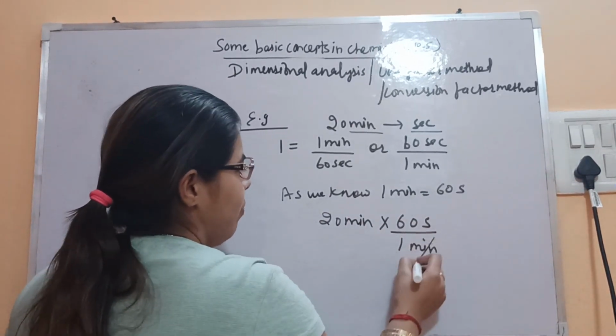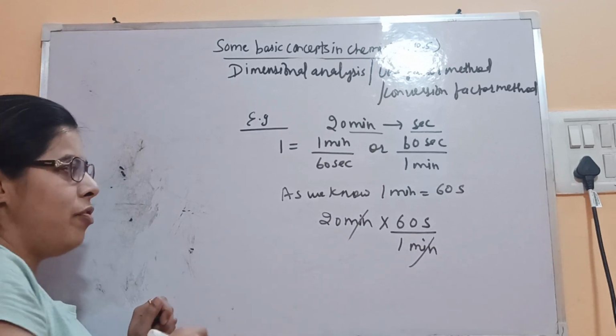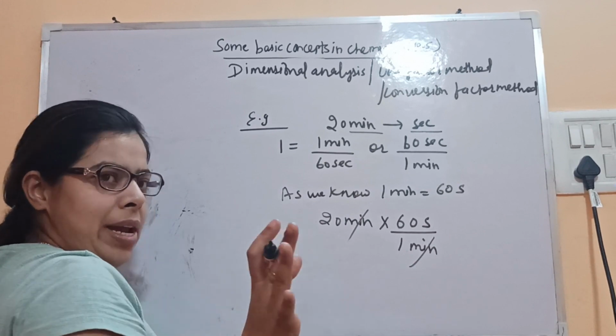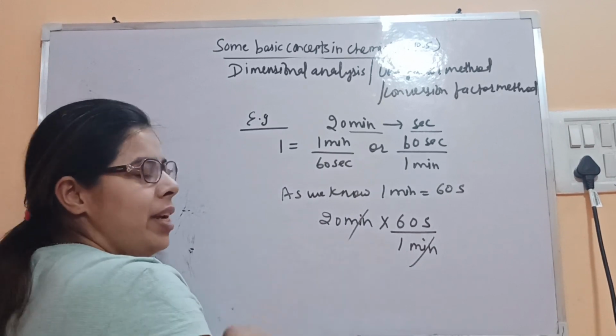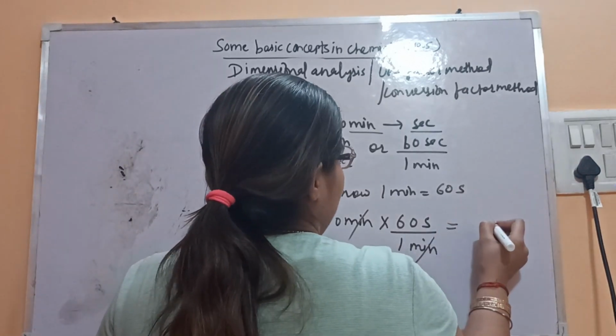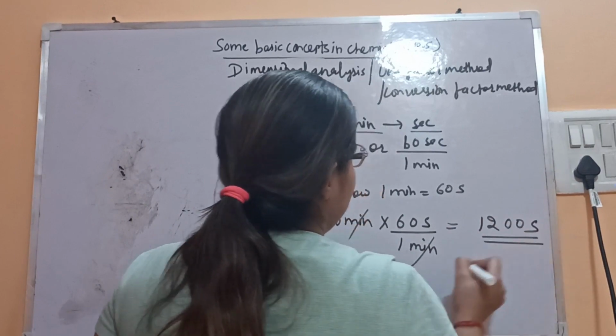Why? Because the unit to be converted will get cancelled out and you will be left with only the desired unit. If the units are getting cancelled, it means the answer is correct. If not, it means you have done something wrong. So 1200 seconds is your answer.